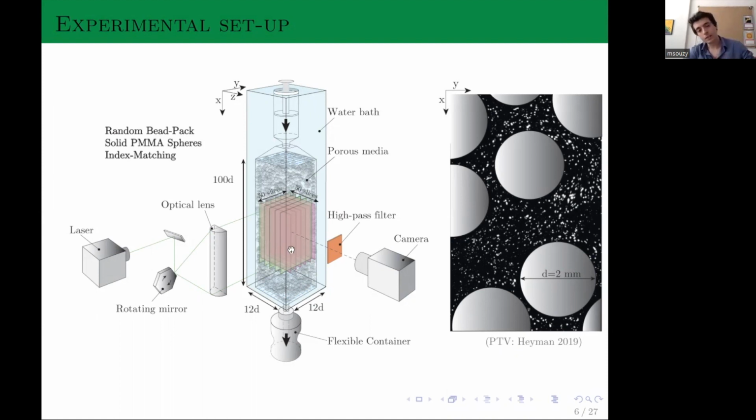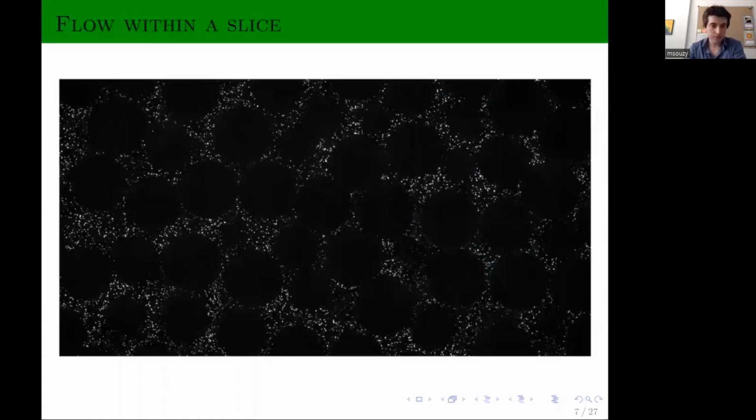We do 50 slices in one direction, and then we rotate the whole cell by 90 degrees, and we do again 50 slices in the perpendicular direction of the same volume. So in the end, we have two sets of data, which are perpendicular to one another.